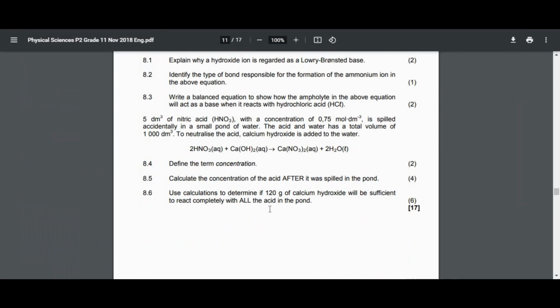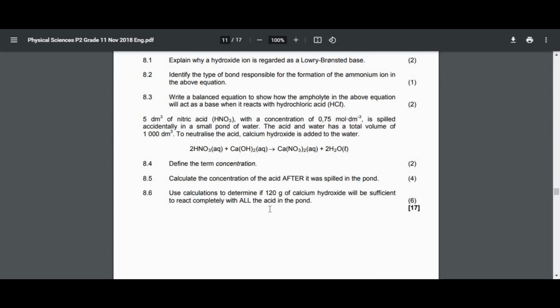5 decimeters cubed of nitric acid, HNO3, with a concentration of 0.75 moles per decimeter cubed is spilled accidentally into a small pond of water. The acid in the water has a total volume of 1,000 decimeters cubed. To neutralize the acid, calcium hydroxide is added to the water. So to neutralize the acid, we've added that to the pond, and we get Ca(NO3)2 aqueous plus water.